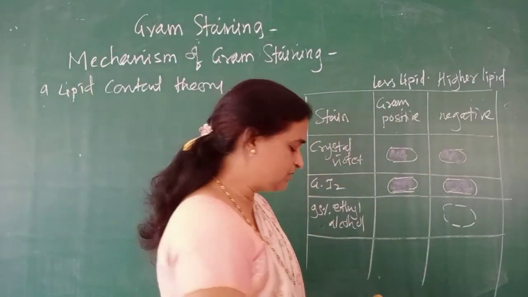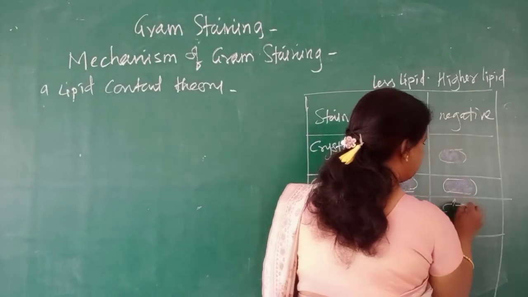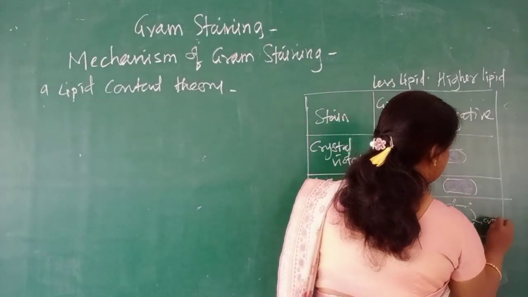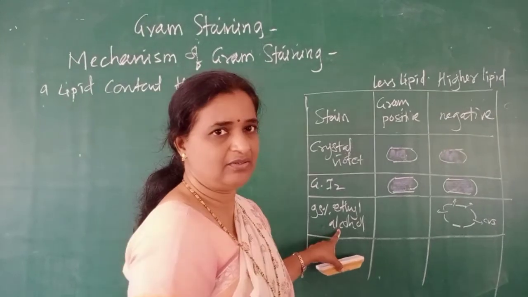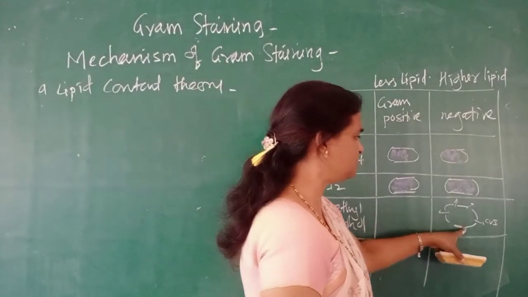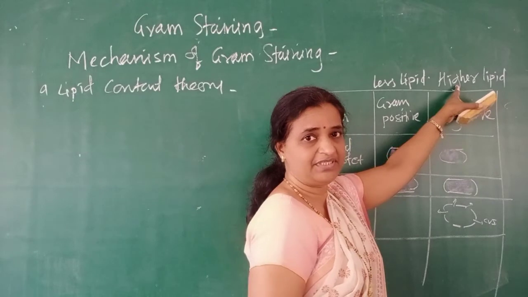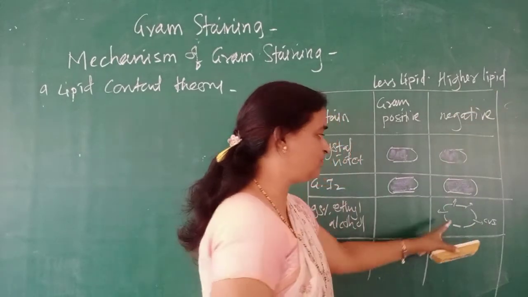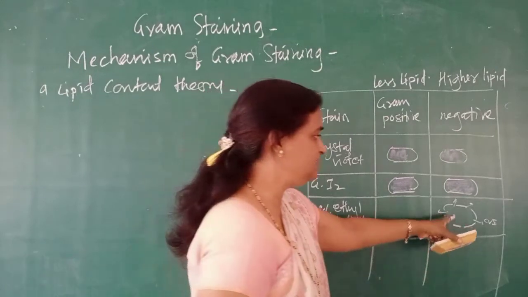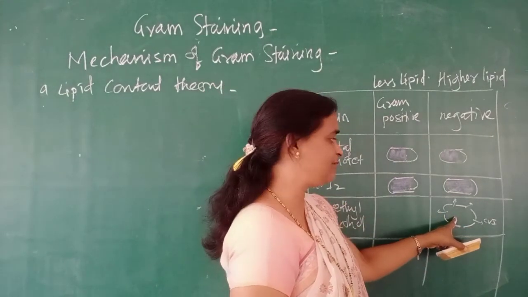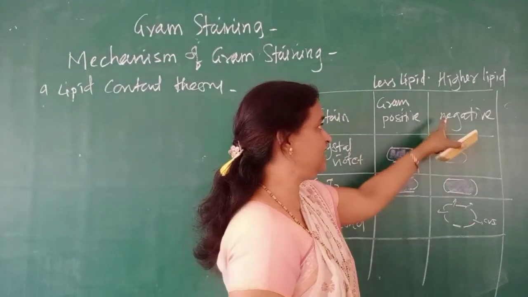Through these pores, the CVI complex comes out and is extracted from the cell. The cell gets decolorized and becomes colorless.